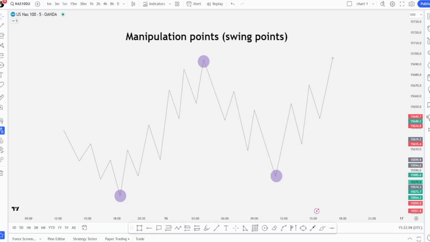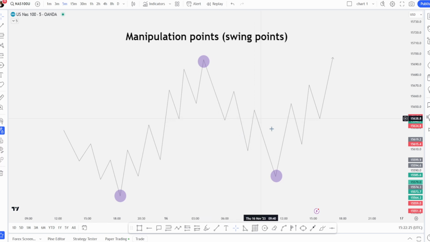Of course, that always helps, but this is how you will define the 5-minute manipulation points within the market, allowing you to find areas within these ranges that will let you follow higher time frame order flow and get the best entry for your trending move.